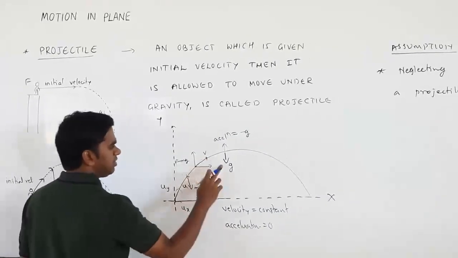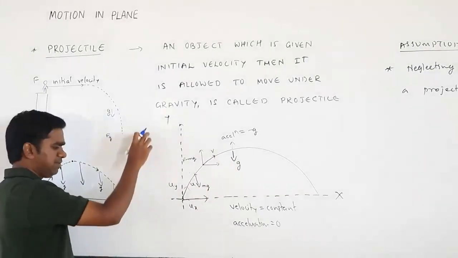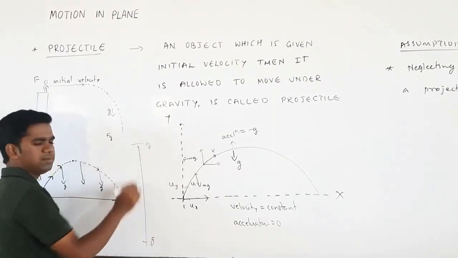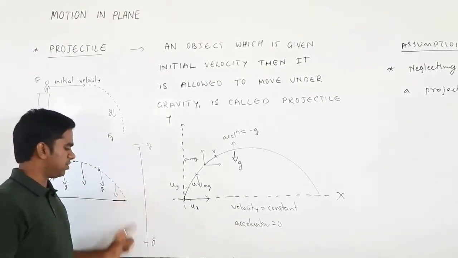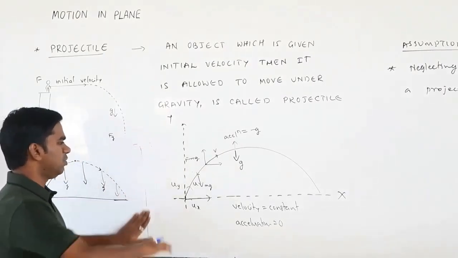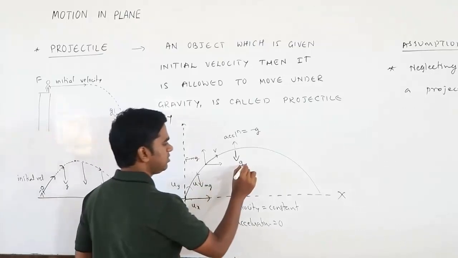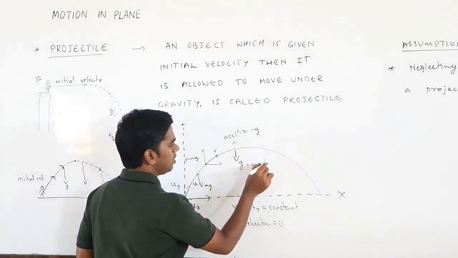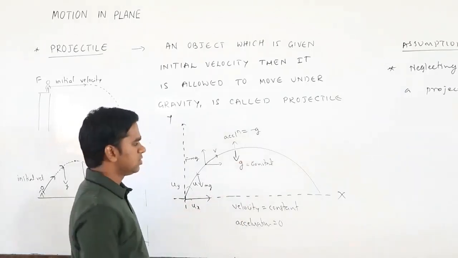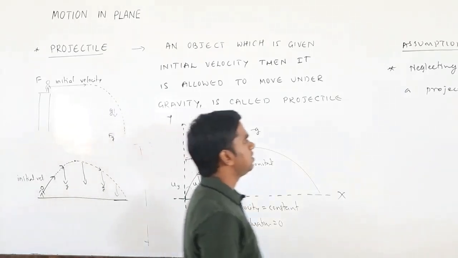If you take the g value for longer distances, the value of g may change because it depends on the value of h. But here, for the whole motion of the projectile, we are going to take g as a constant. We are going to take acceleration due to gravity as a constant. That is also an assumption we can write.